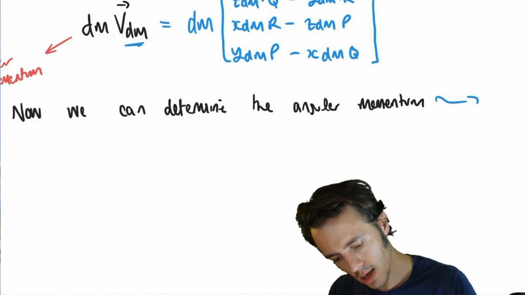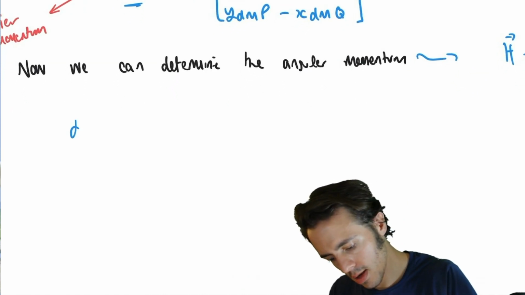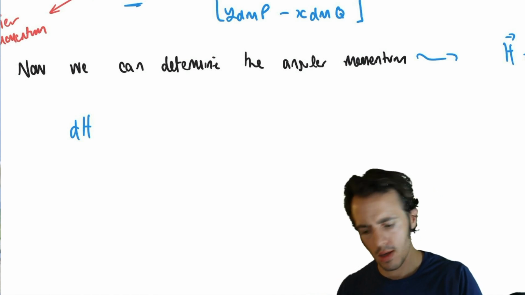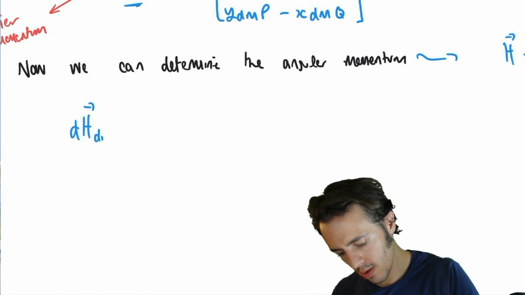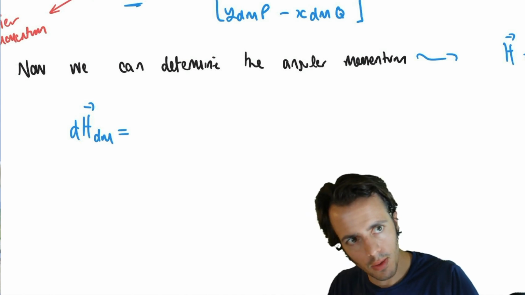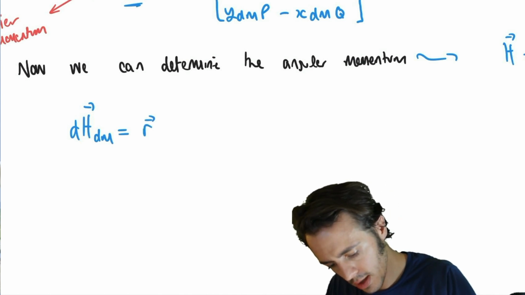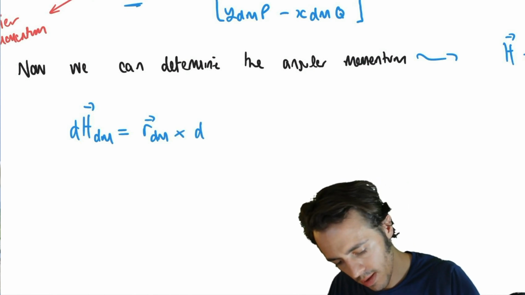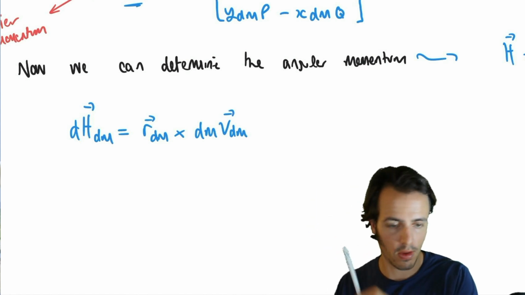So the angular momentum of this small element, so we'll say it's dh, belonging to dm, is equal to the cross product of whatever the position vector is of this small part, multiplied by dm v dm, which is the quantity we've got just above.